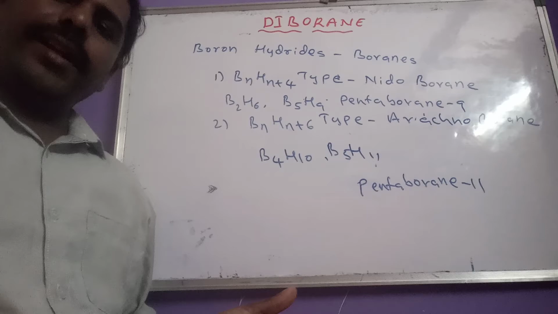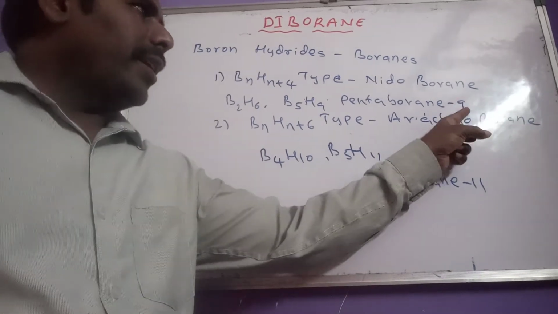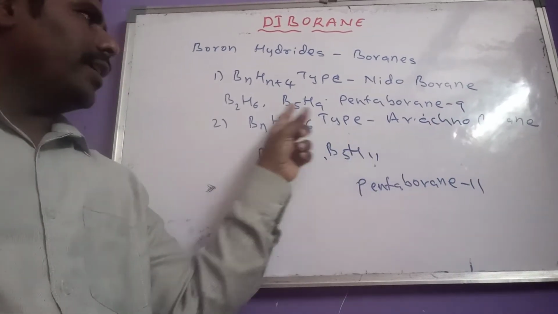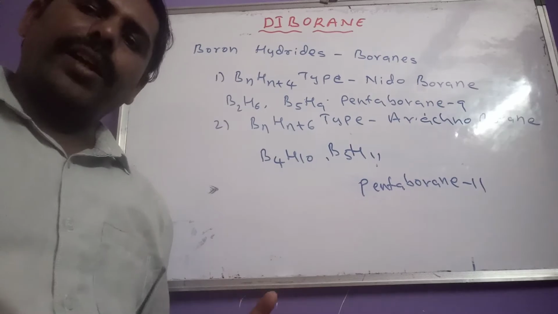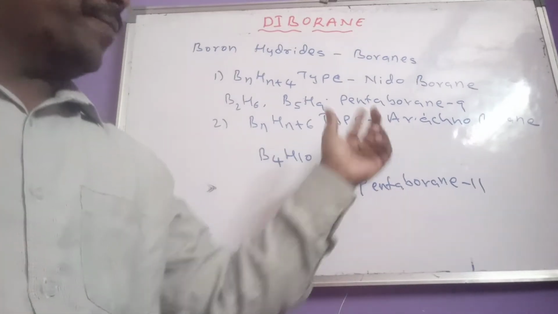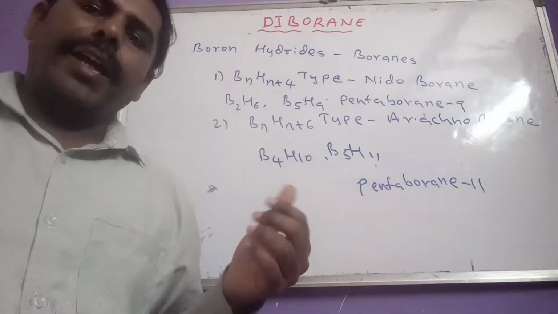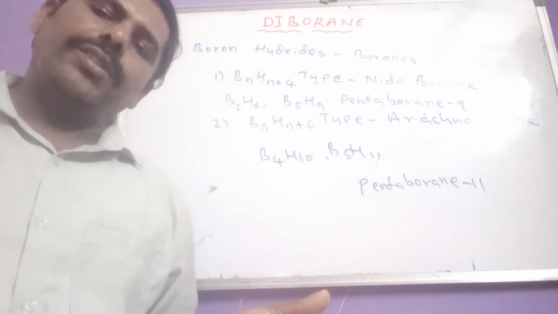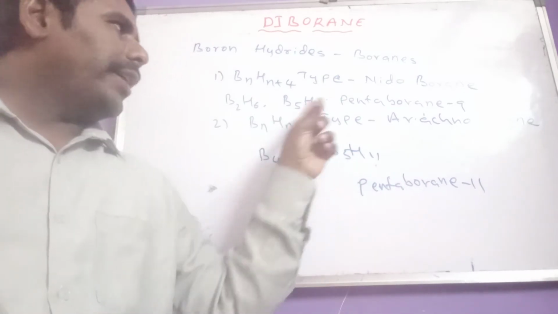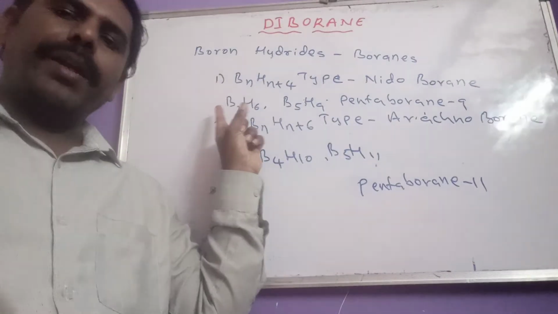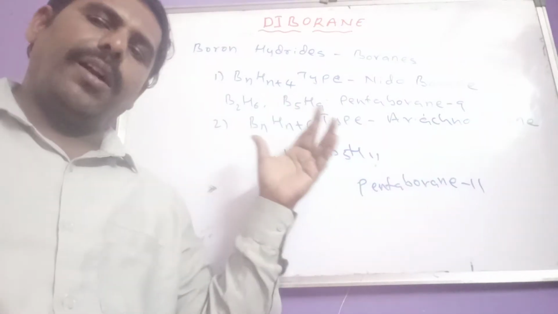What are those 9 and 11 here? The 9 and 11 indicate nothing but the number of hydrogen atoms. So now pentaborane 9, by observing its number of hydrogen atoms, we come to know that it belongs to the BnHn+4 type.